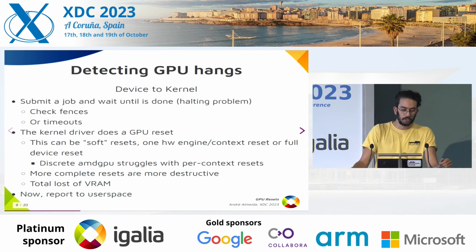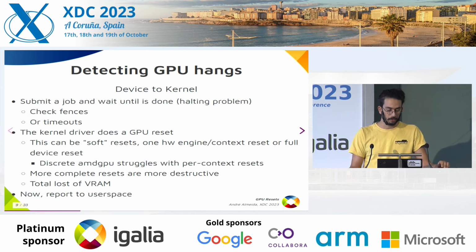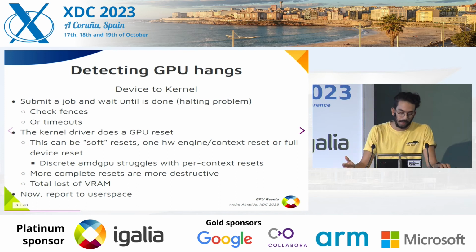So we need to check for fences to see if the program is making progress, or timeouts. If something takes too long to run, we believe that it is in an infinite loop, so we decide that the GPU is hanging, and then we try to kill it.